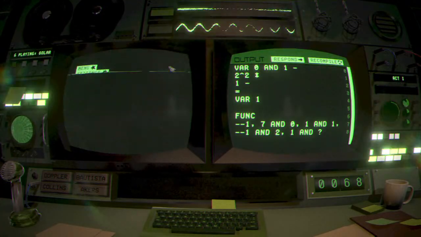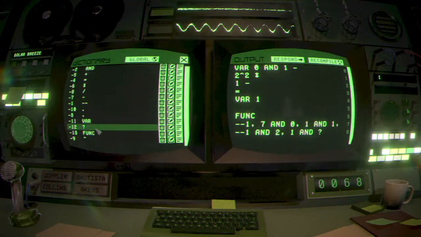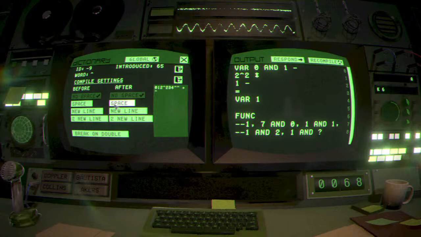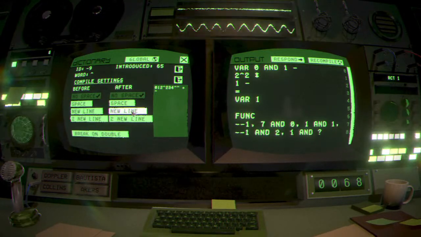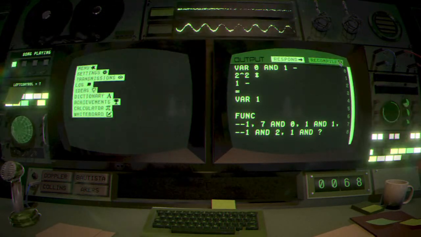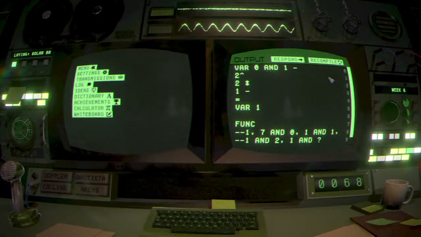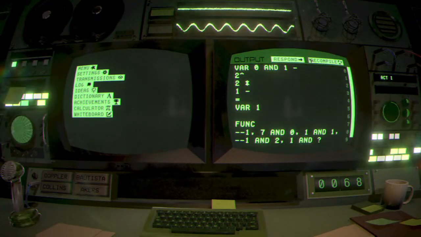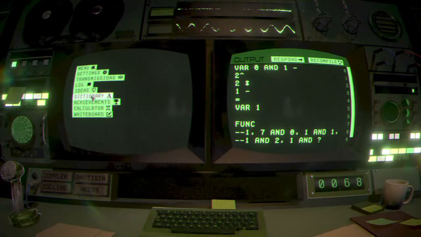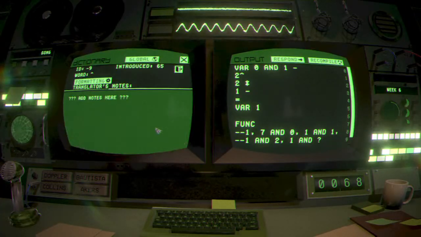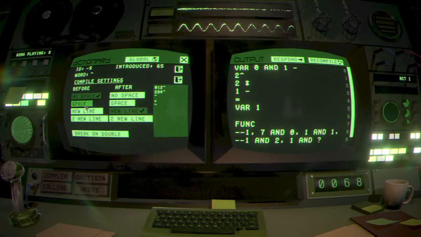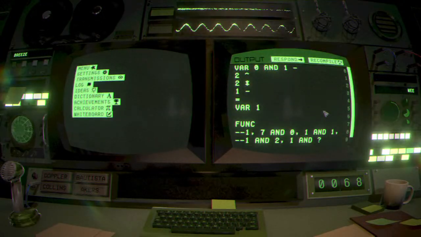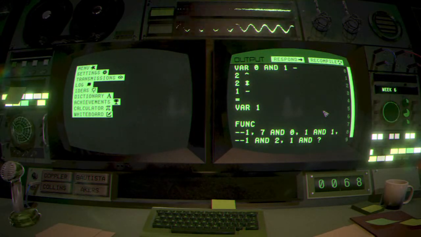So let's do that. So after, I want a new line. And for consistency, I do want a space also. So now this makes it more clear, I think.